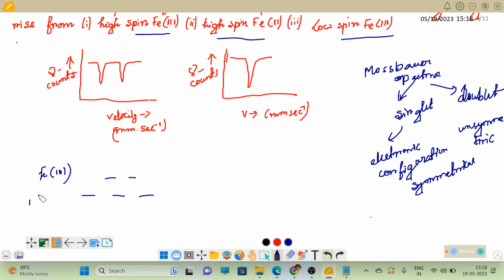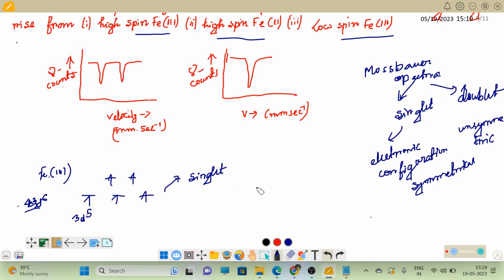For iron it is 4s2 3d6, but we have 3+, so 3d5. High spin means all electrons are single, so you can see it is symmetrical, and so it will give a singlet.